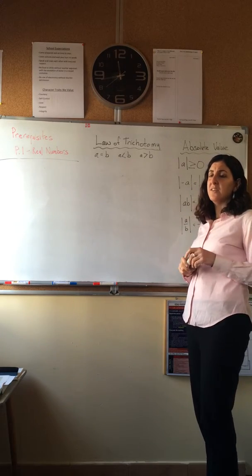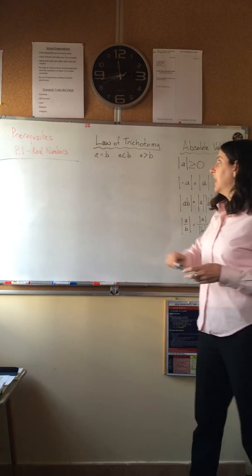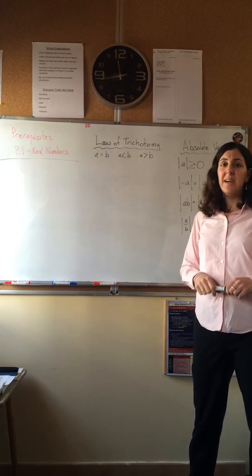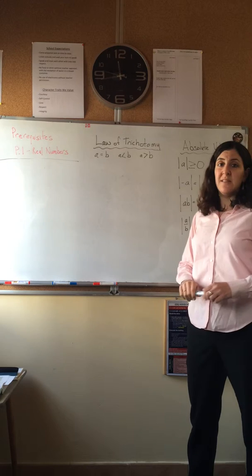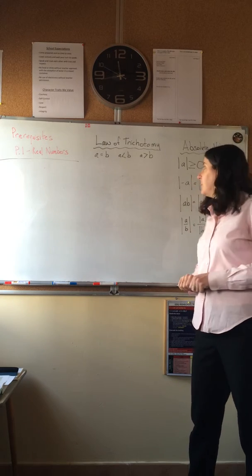It's just going to show the relationship between numbers. So again, this is the law of trichotomy. Tri meaning 3, so the 3 options of the relationship between the values.